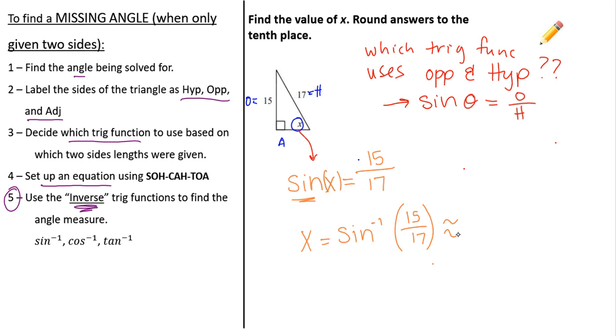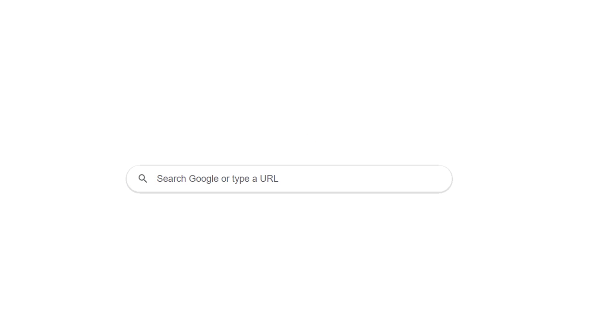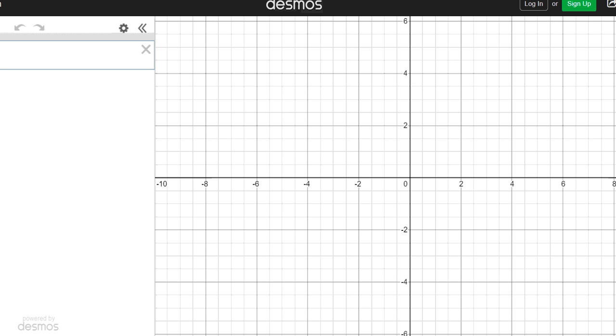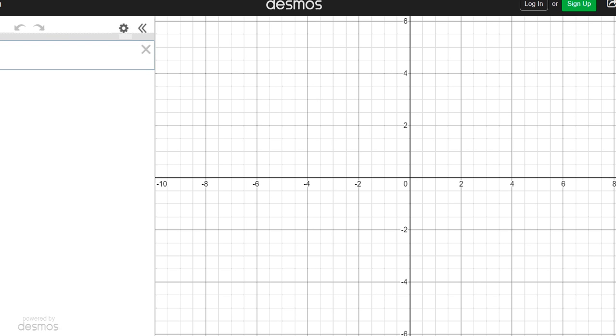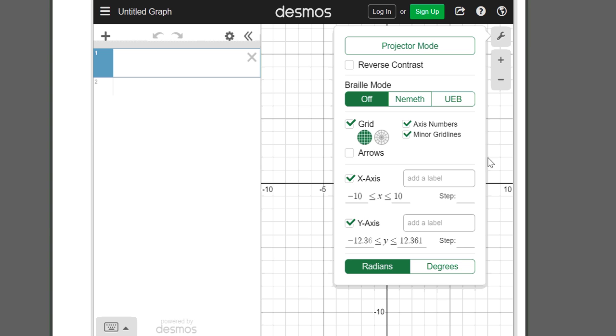And then you pop that into a calculator or into Desmos or whatever it is that you're using. All right, Desmos graphing. Trying to make sure you can see the whole screen at once. First of all, I'm going to make sure I'm in degrees.